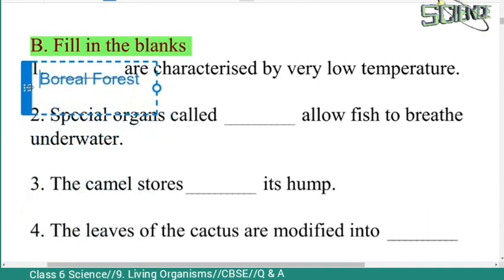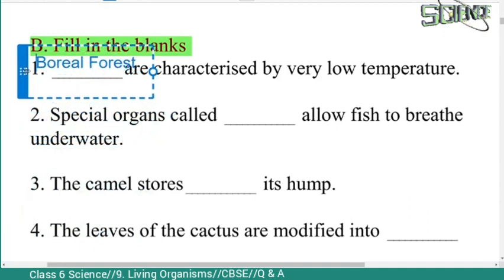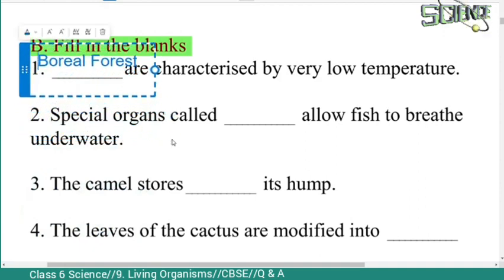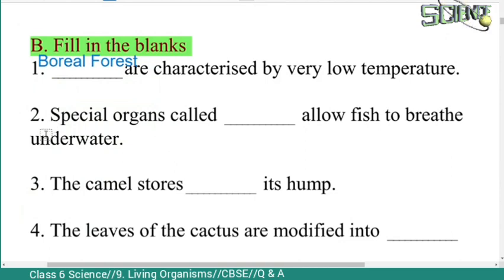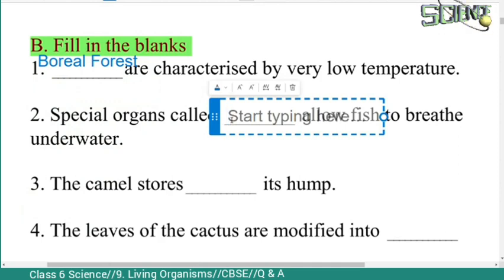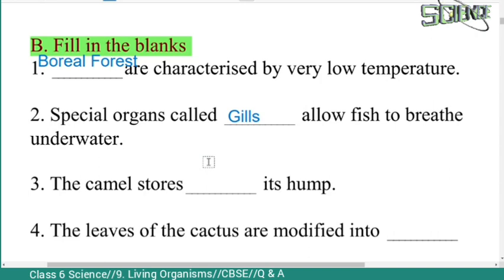So here the answer is boreal forest. Second one, special organs called dash allow fish to breathe underwater. Answer is gills. Special organs called gills allow fish to breathe underwater.